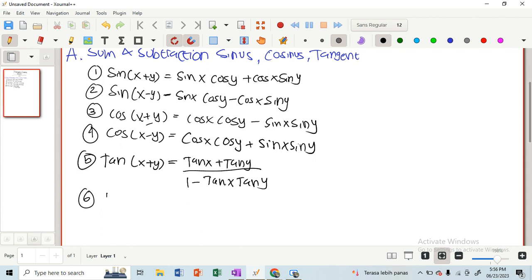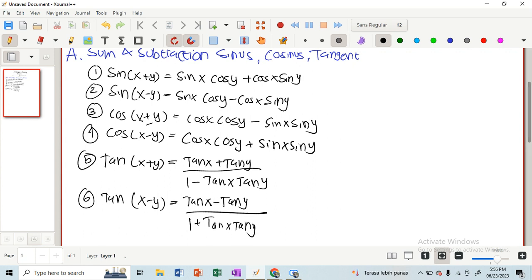What will you do for subtraction, tan(x - y)? It would be equal to tan x minus tan y, divided by 1 plus, so the operation changes from minus to plus, still the product of the tangents, tan x tan y.